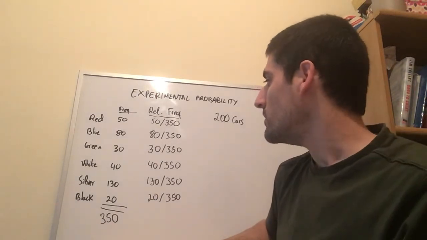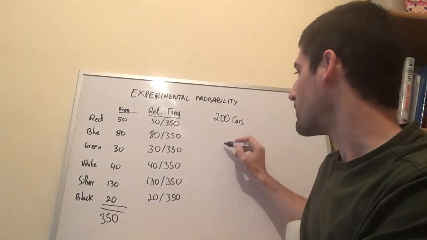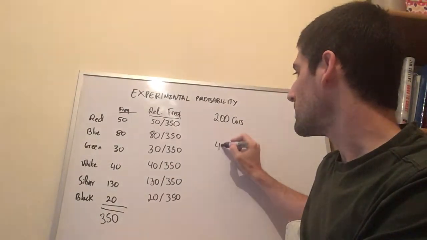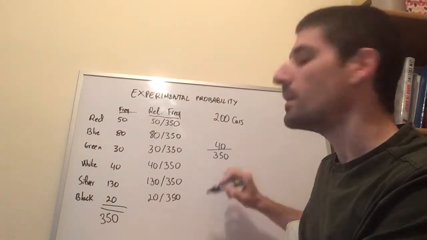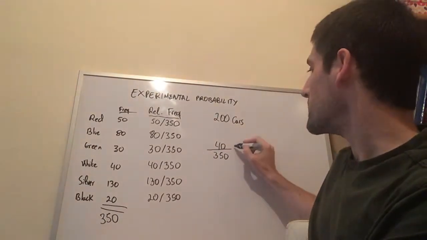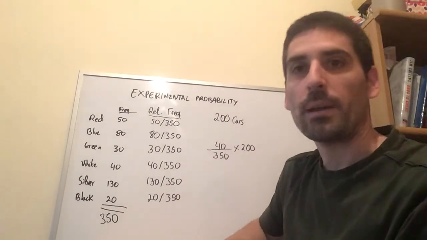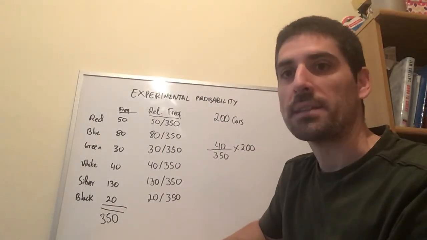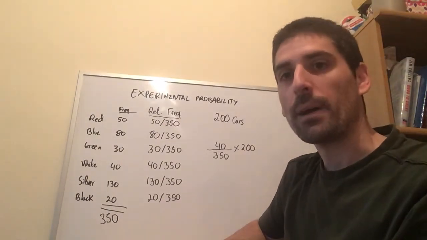Well then, you get the relative frequency of white, which is 40 out of 350, and all you have to do is multiply that by the number of cars, and that's it. So 40 out of 350 multiplied by 200.